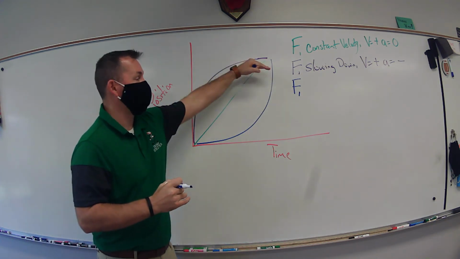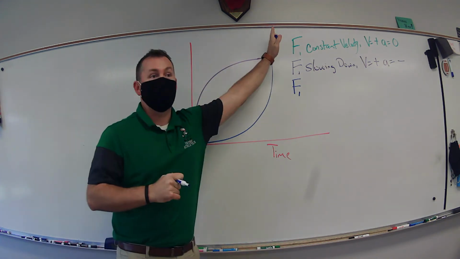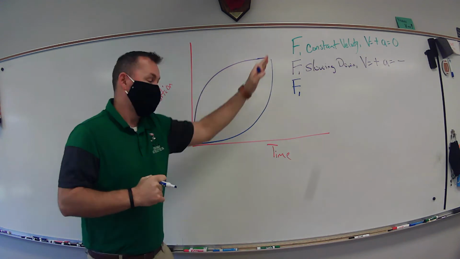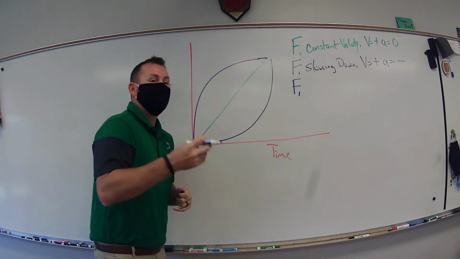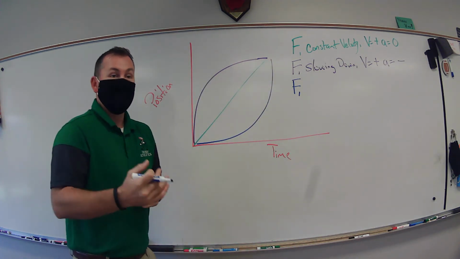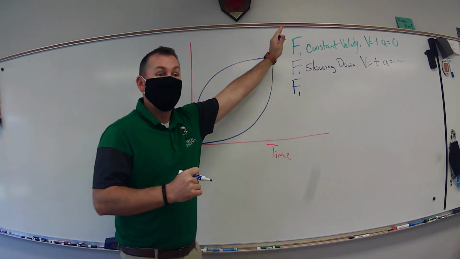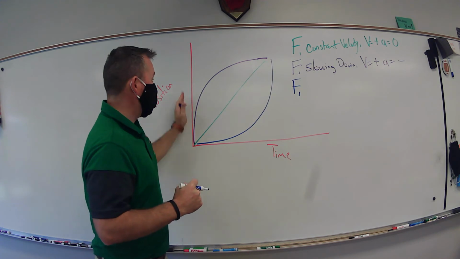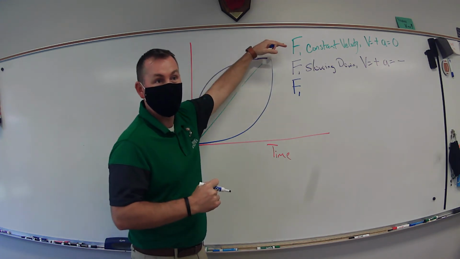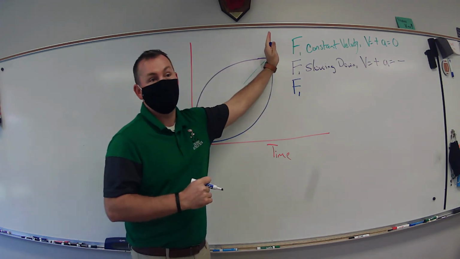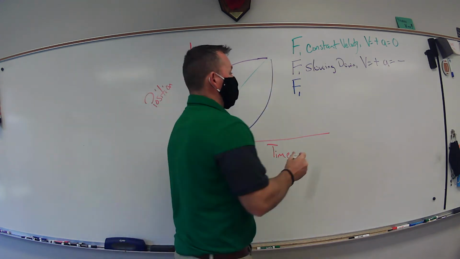Since it's not bending horizontal, this one is bending vertically, okay? Think about, like, Top Thrill Dragster at Cedar Point. You got to speed up a lot to get up that hill, right? That's what we're talking about here. This is at the top of the hill where you slow way, way, way down. Here, you got to speed up quick to get up that hill. So here, we're forward and we're speeding up.